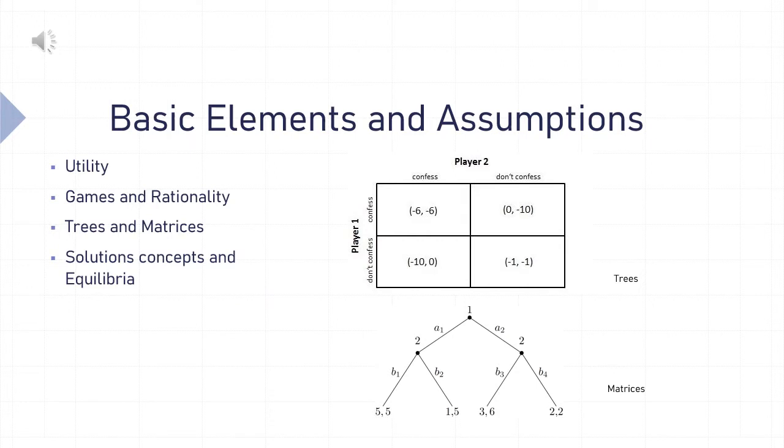The basic elements of game theory are utility, games and rationality, trees and matrices, and solution concepts and equilibria. Utility: an economic agent is an entity with preferences.